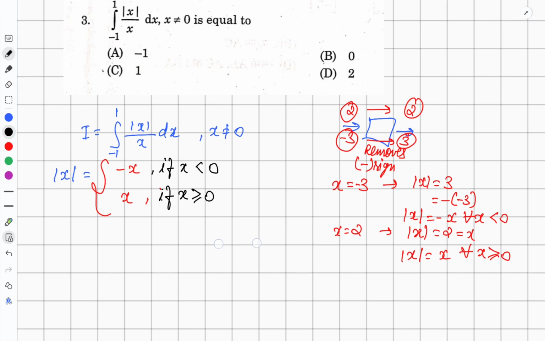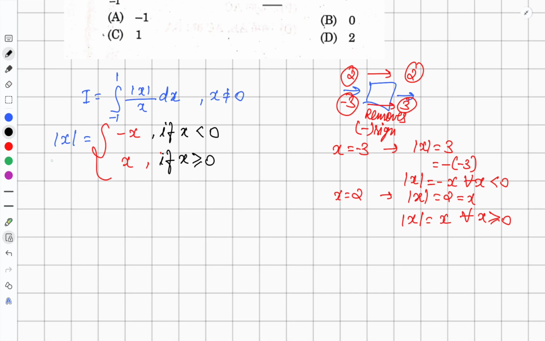So what happens to this expression f(x) = mod x by x? Mod x is something that changes value at 0. Before 0 it is minus x, and after 0 it becomes x. So this is minus x by x if x is less than 0, or x by x if x is greater than or equal to 0.